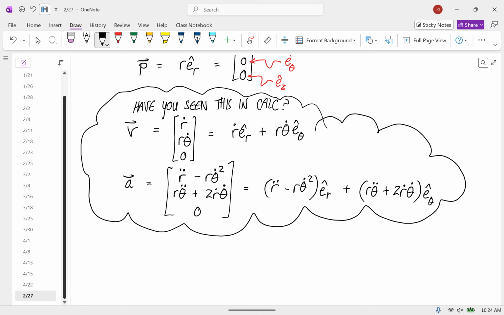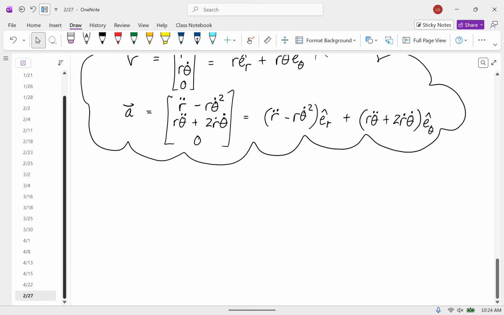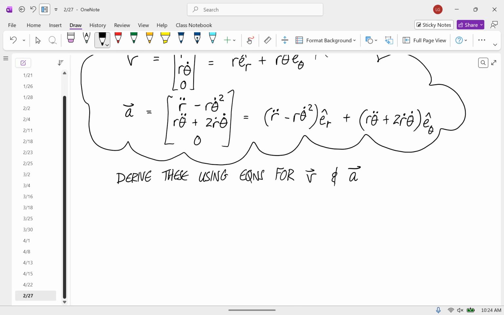Okay, so we're going to derive these using our equations for the velocity vector and the acceleration vector in rotating coordinate systems.